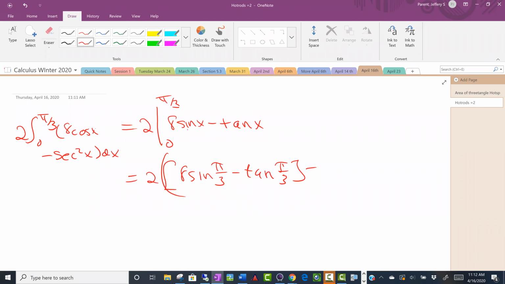But if I put in 0 for sine and 0 into tangent, both of those are going to be 0, so I'm just going to make quick work of that. Let's see what we're left with. It's 8 times sine of pi over 3. Sine of pi over 3 is root 3 over 2. Tangent of pi over 3 is going to be the square root of 3.